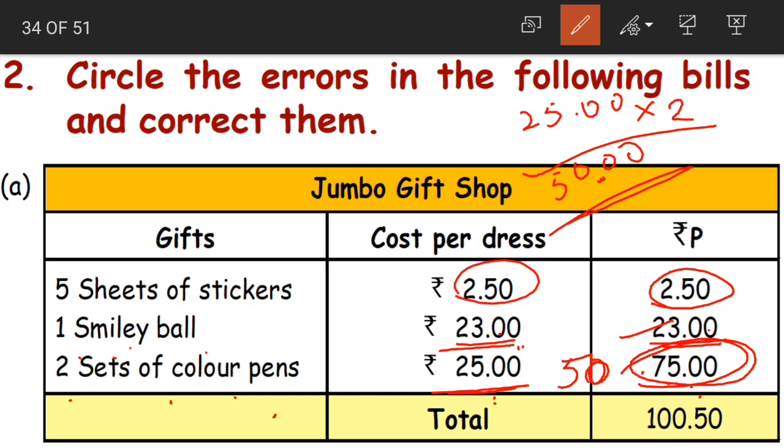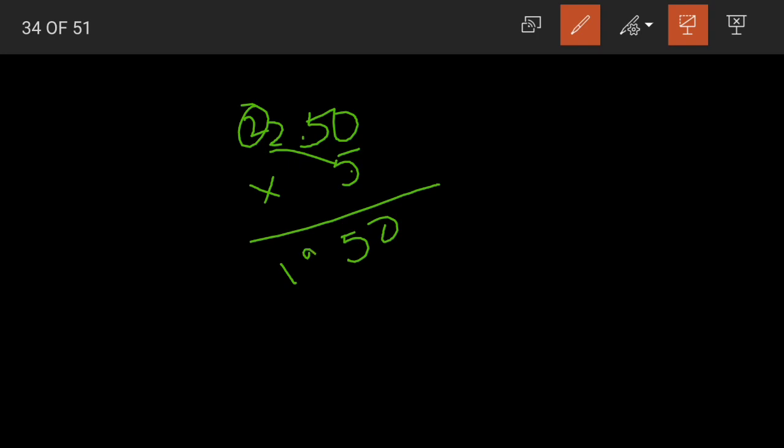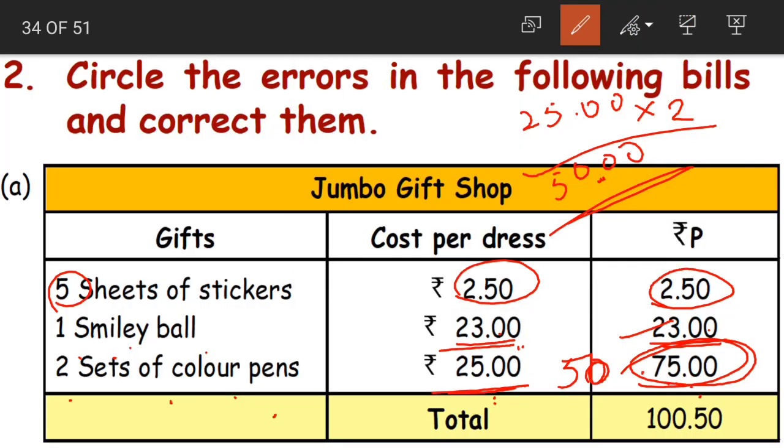And here let us find out the cost of 5 sheets of stickers. One sheet is 2 rupees 50 paise. We have bought 5, so into 5. 5 zeros are 0. 5 5s are 25. 5 2s are 10 plus 2, 12. So 12 rupees 50 paise. It's 12 rupees, not 2. 12 rupees 50 paise is the cost of 5 sheets of stickers.